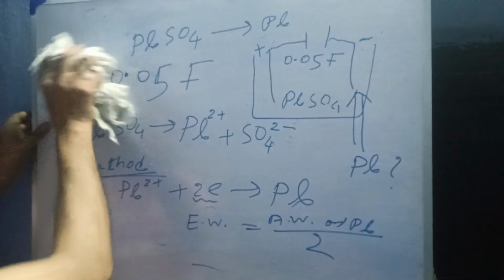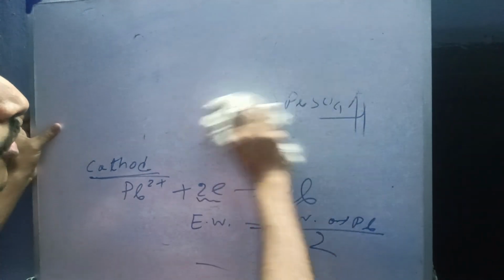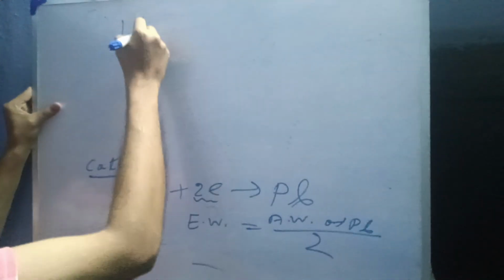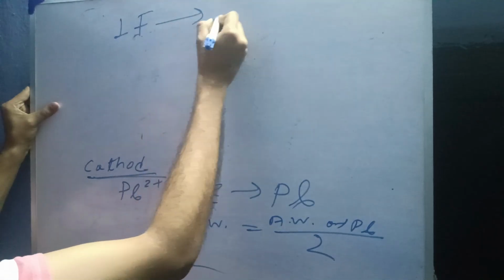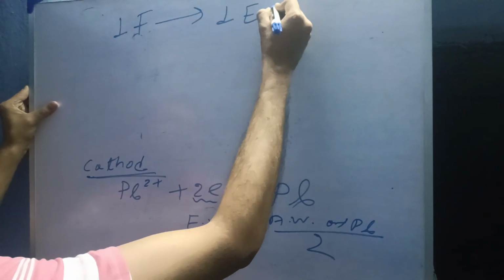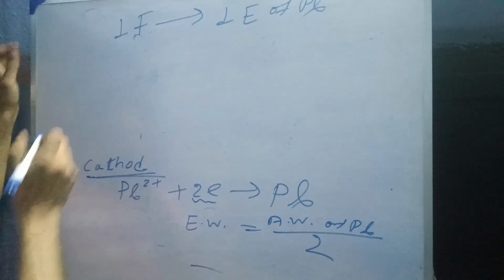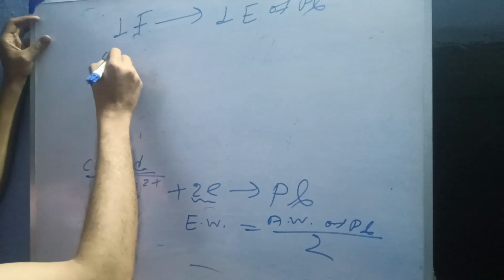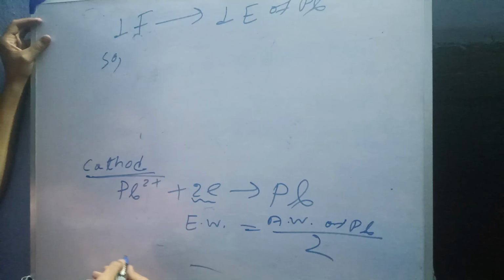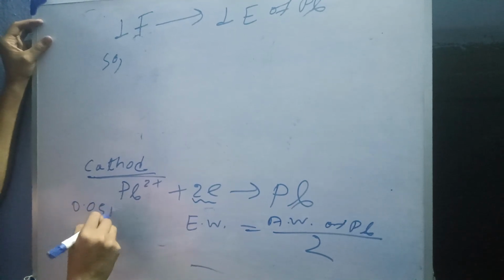Now we know that 1 Faraday of electricity produces 1 equivalent weight of lead. As per the question, the amount of electricity passed is 0.05 Faraday.